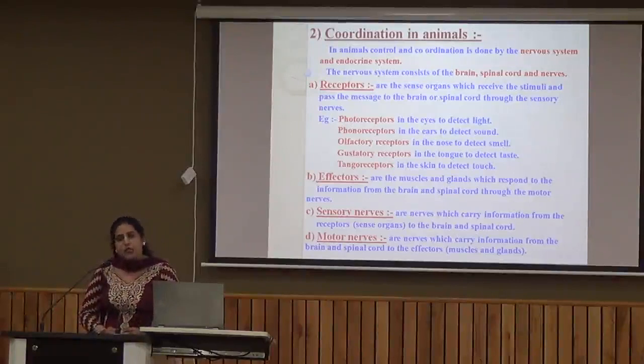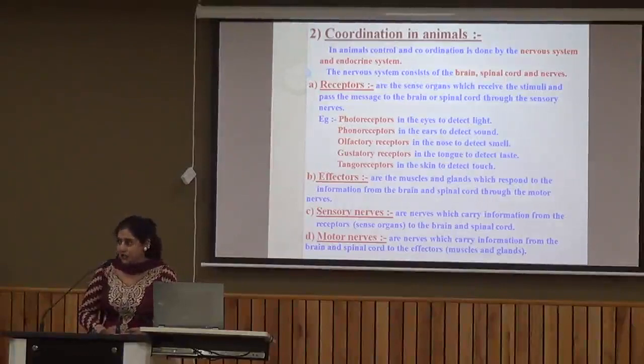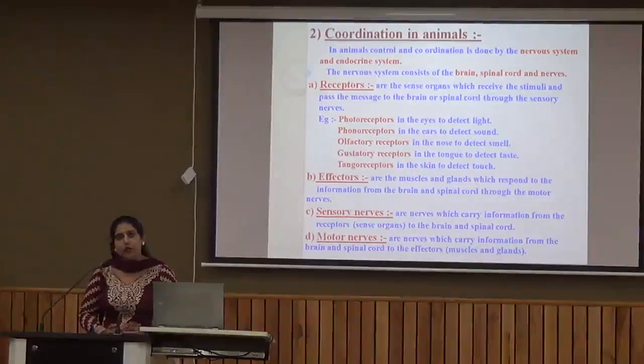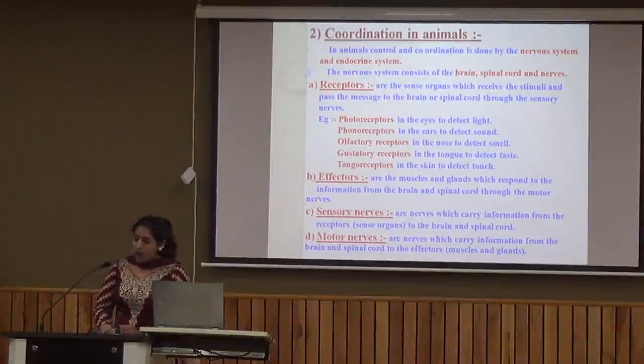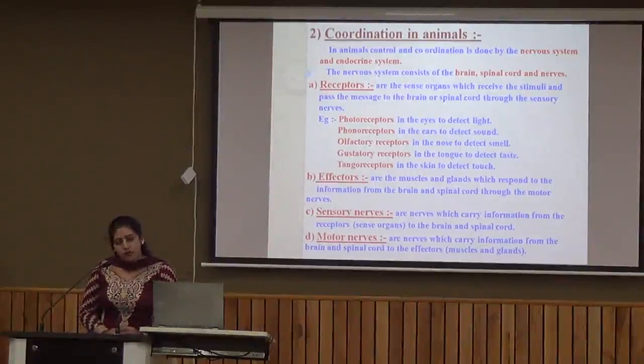Fourth is your gustatory receptor. Gustatory receptor is present inside our tongue, which is responsible for our taste. And last but not the least, that is chemoreceptor, which are present throughout your skin to get and to give the stimulus, the feel factor.